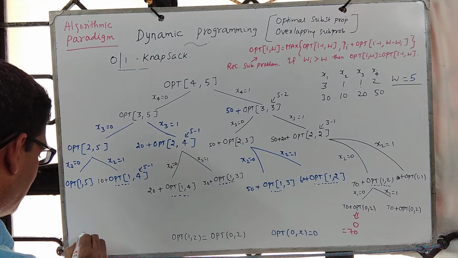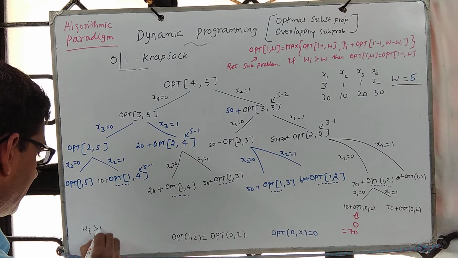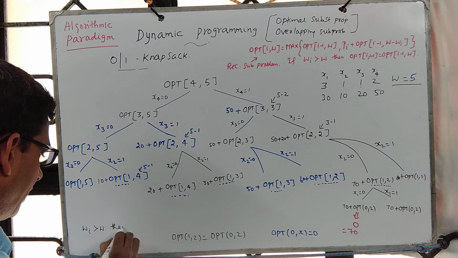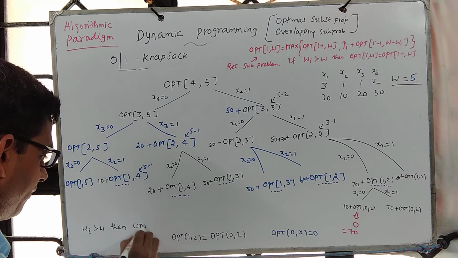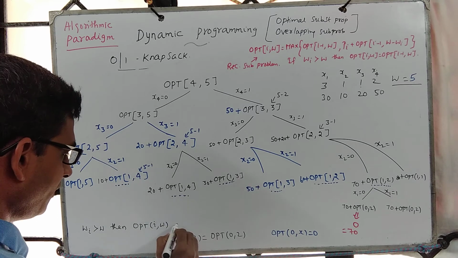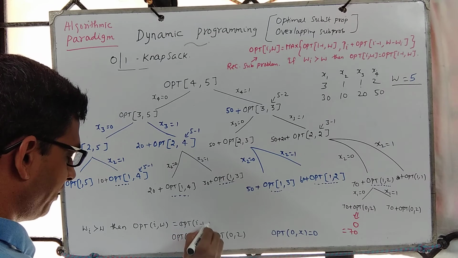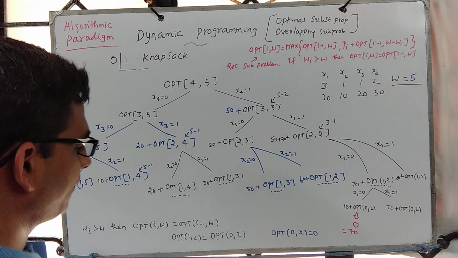Because we have seen as part of the recursive subproblem, if wi is greater than w, then opt of i comma w is precisely opt of i minus 1 comma w.